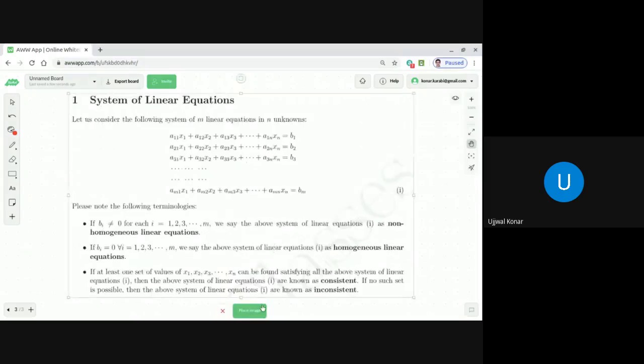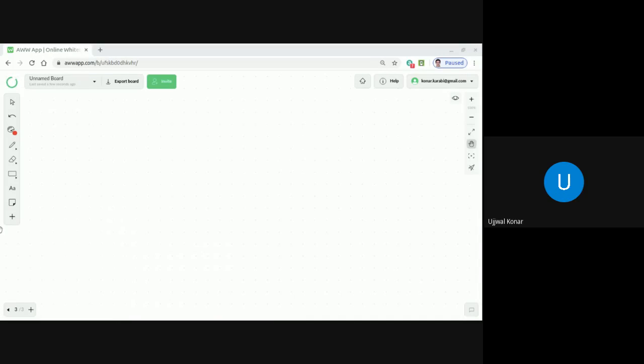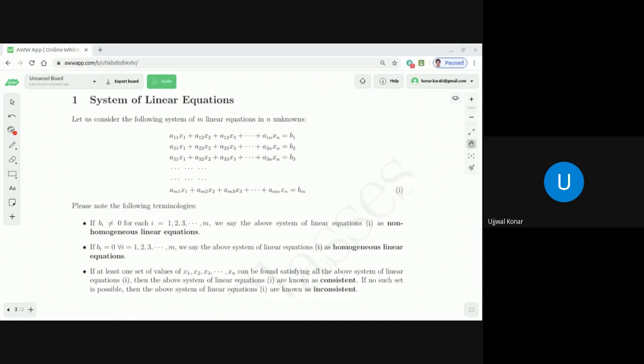So what it says, dear students, is: let us consider the following system of m linear equations in n unknowns. That means the number of equations is m. There are m number of equations, as you see, a11 x1, a21 x1, a31 x1, first term, and in that way am1 x1.